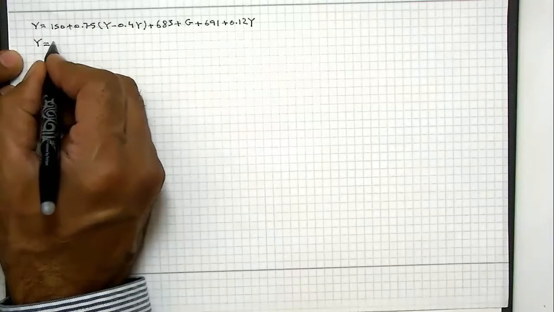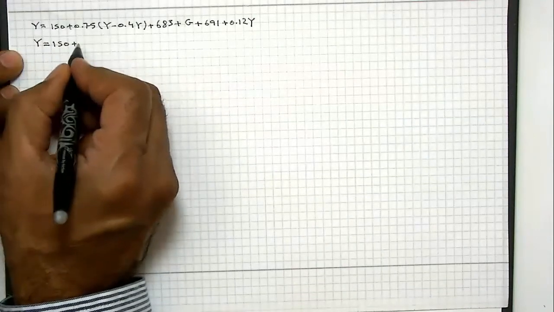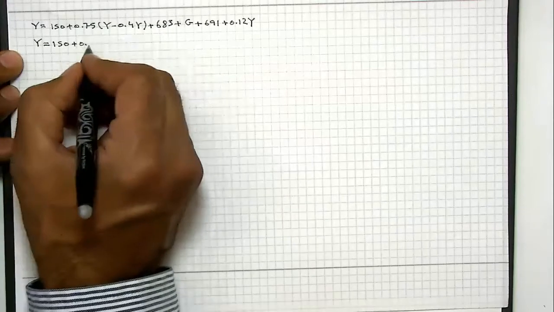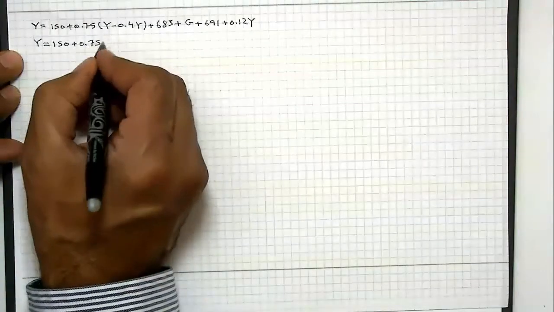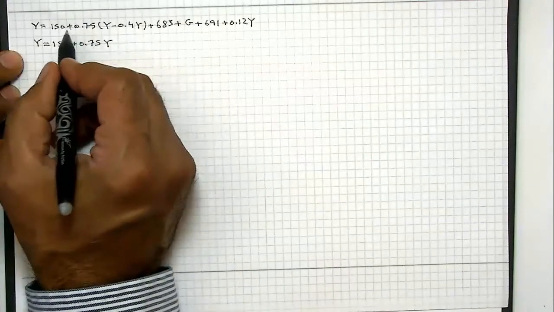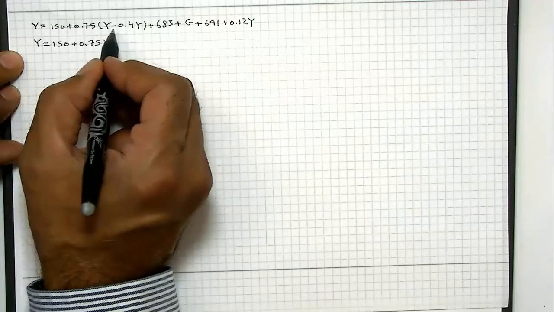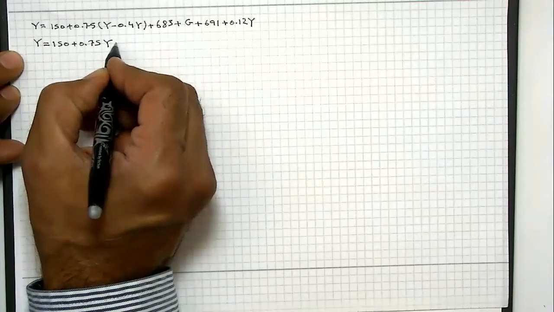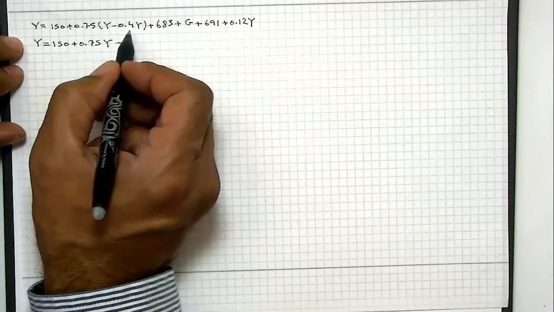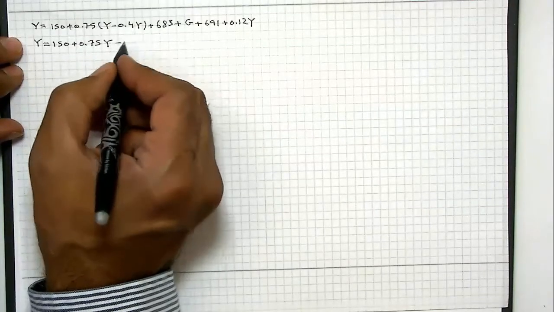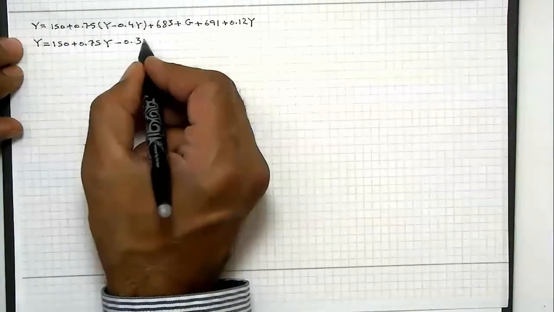So I start with 150, multiply through this, 0.75 times y, and multiplying this by this is first plus times minus is minus, then 0.75 times 0.4 is 0.3y.